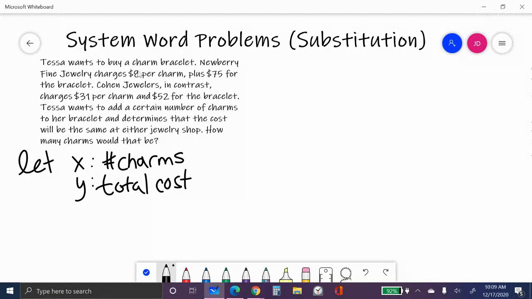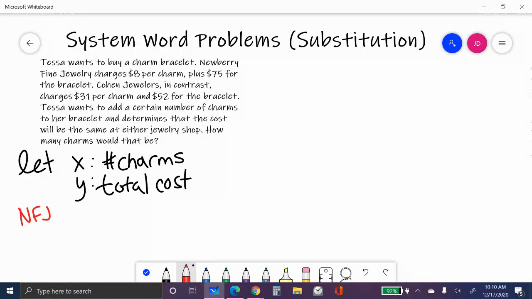Now we need our equations. What two different things do we have here? We have two different scenarios: Newberry Fine Jewelry charging a certain amount and Cohen Jewelers charging a certain amount. So for Newberry Fine Jewelry, I'm going to abbreviate it NFJ.